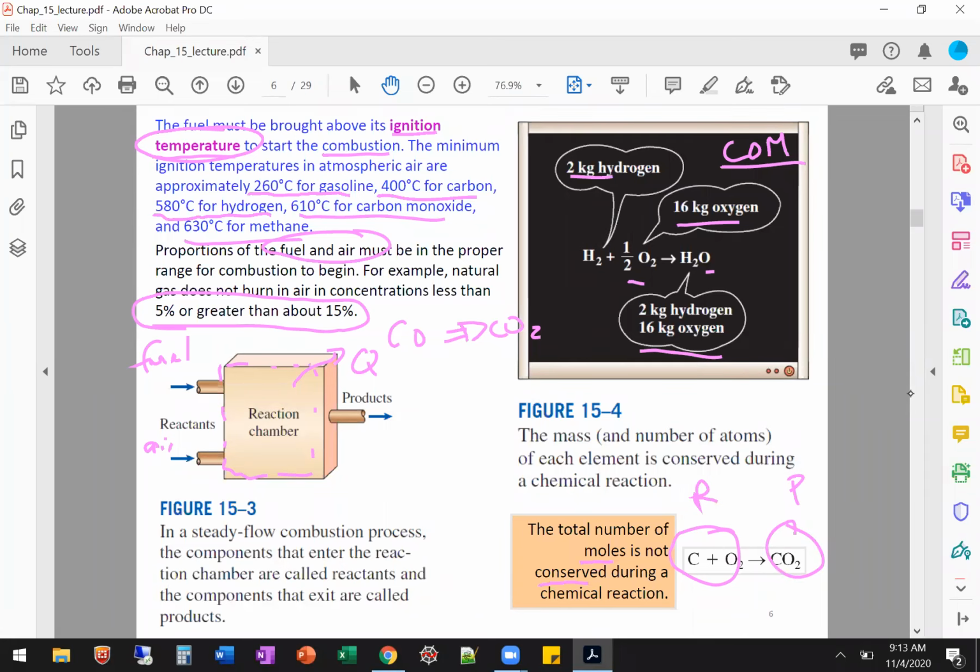But when we look at this, you see 2 moles on the left, there's 1 and 1, and there's only 1 mole on the right. So when you have a reaction, moles are not conserved, but mass is still conserved, right? You would still get the same mass from the reactants to the products.